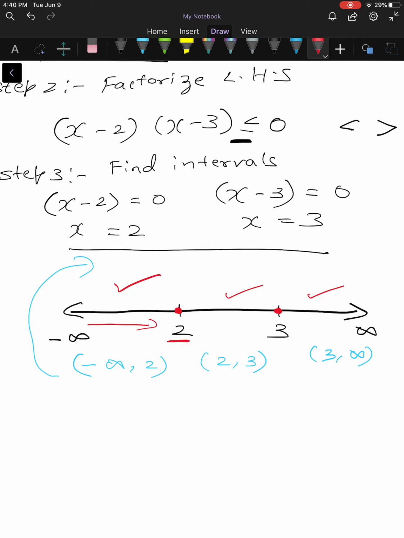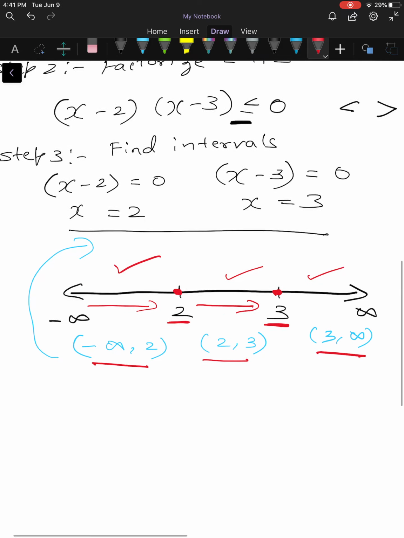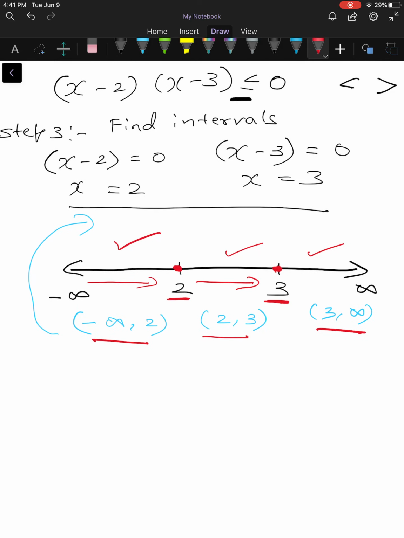So it changed, less than changed to equals at 2. And then it changes again within the interval and changes to equal to 0 at 3. So at these two positions, we have the sign change. Therefore, we are not including them in the intervals. Within the intervals, the sign is maintained for all the values.